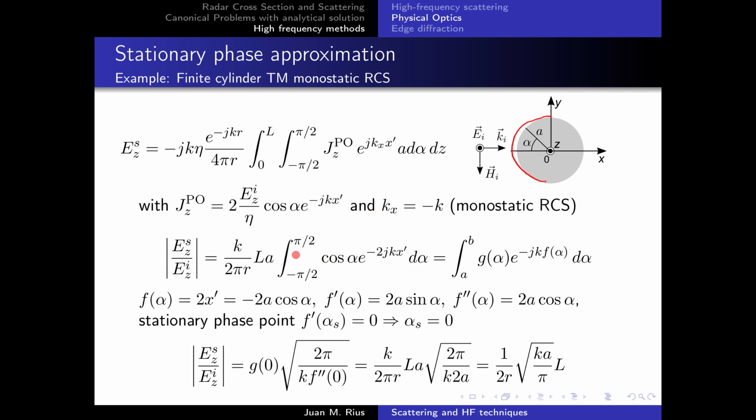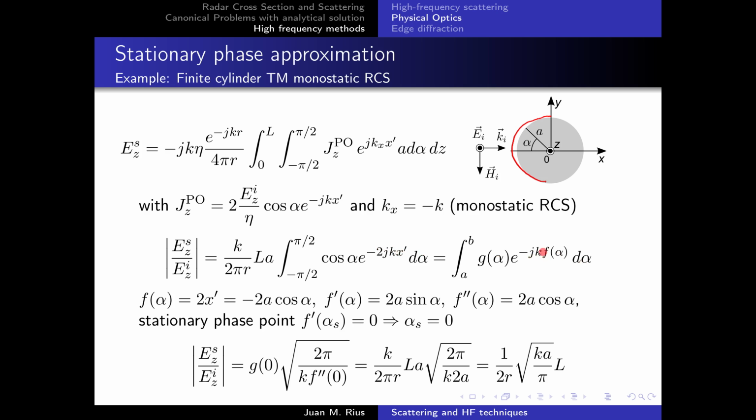We take the constants out of the integral, and we write the integral in the form of the stationary phase. Remember the form: the integral of g, the amplitude, times the exponential of j k f, the phase. So we write the integral in that way, and we identify g with the cosine of alpha, and we identify f with 2x prime.